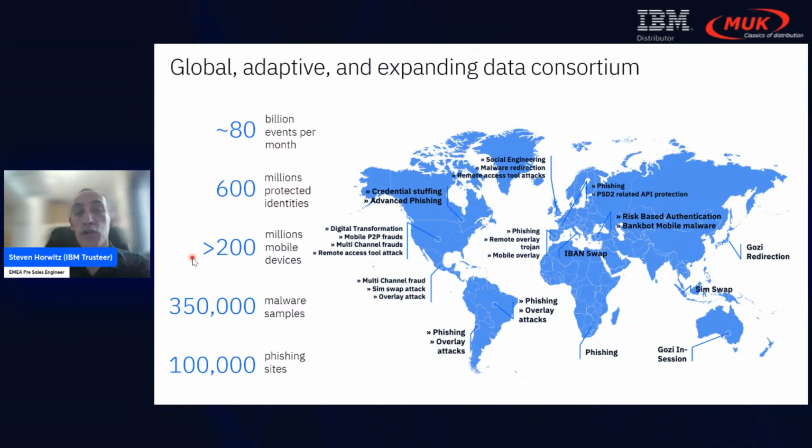The most talked about stat right now is, and I get asked this all the time, how many mobile devices do you protect? If you think of the first slide, Trusteer can see that 80% of all accesses are in the mobile channel. Right now, about 200 million devices are under Trusteer's protection.